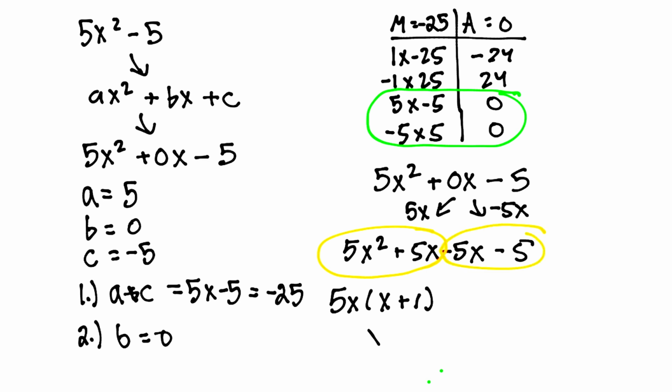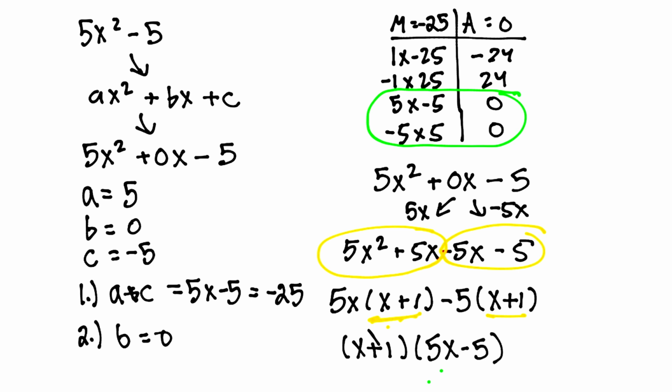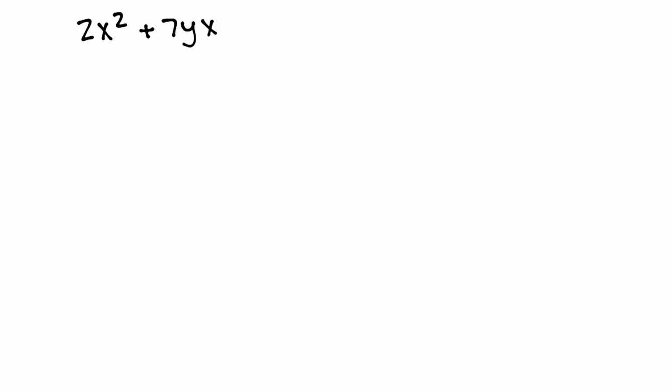And then from the next two terms, we can pull out a -5, which leaves us x plus 1. So now the insides of the parentheses are equivalent, so we can pull that out and then write what's left over in the second set of parentheses. That's our final answer.